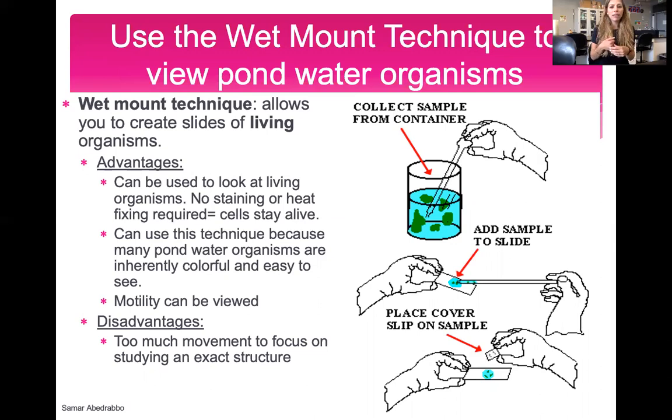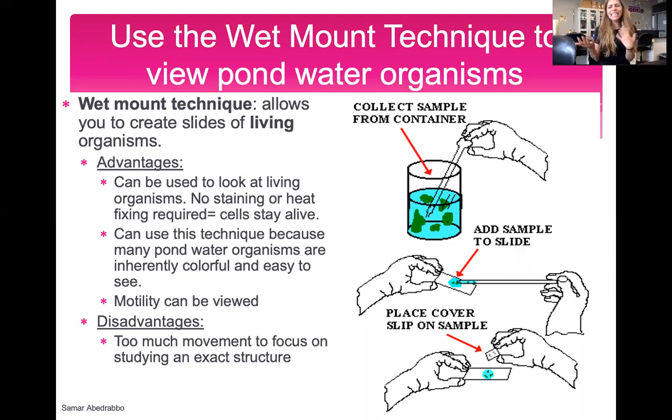There's no staining, there's no heat, and you can use this method on pond water organisms, meaning no staining, because a lot of pond water organisms are colorful. There's a lot of color inherently in there, and motility can be viewed. Motility can be a disadvantage as well, because if you're a researcher looking at a specific structure, you may not want it to be motile.